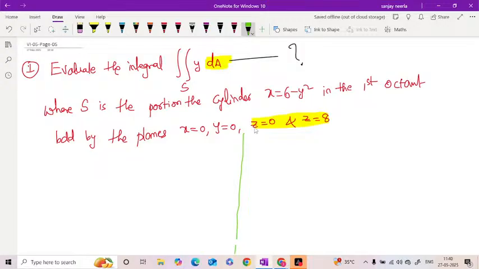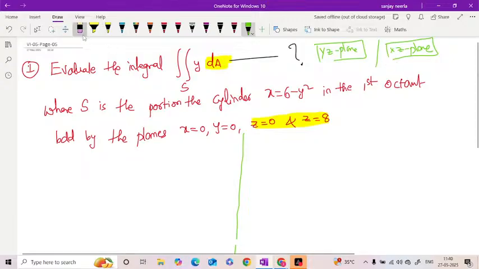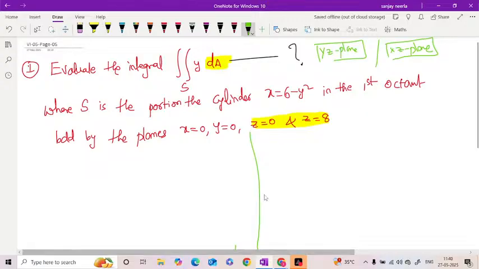Here z is equal to 0 and 8 is given. That means we can solve this problem by taking the yz plane, or you can take the xz plane also. Anyway, we will try it in two ways. First of all I will try the yz plane.